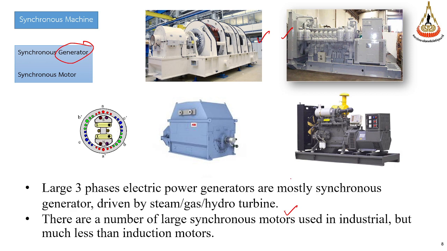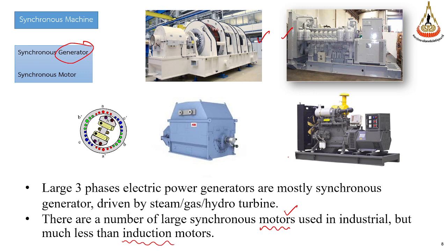To use it as a generator, we supply mechanical power to this type of machine, and we generate power. There are a number of large synchronous motors in industry, but much fewer than induction motors. Most motors are induction motors.